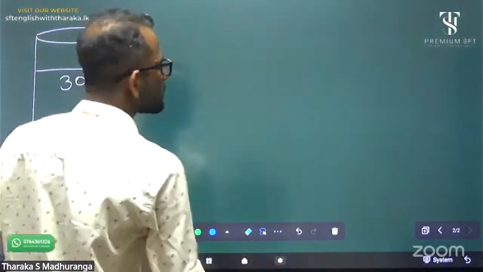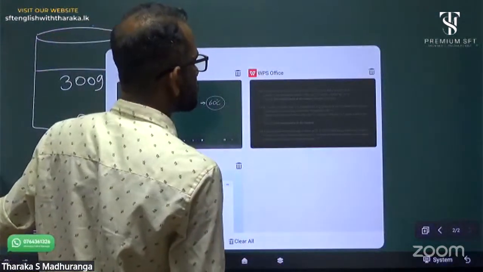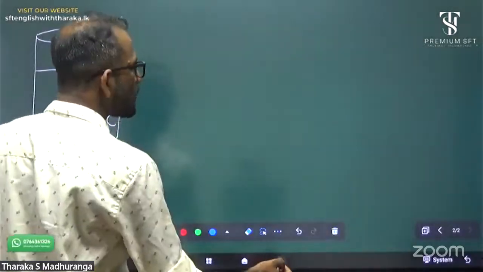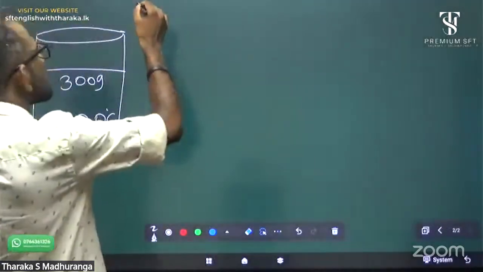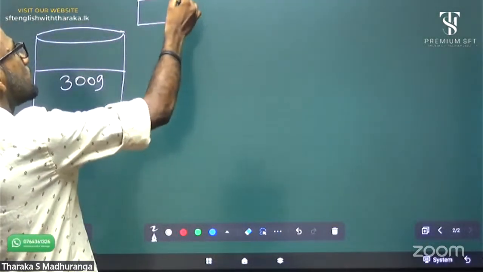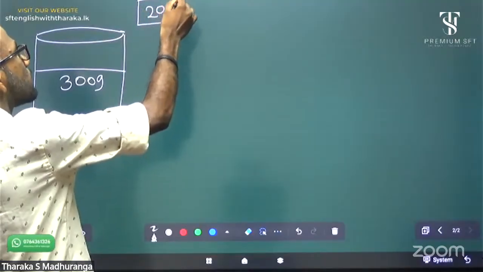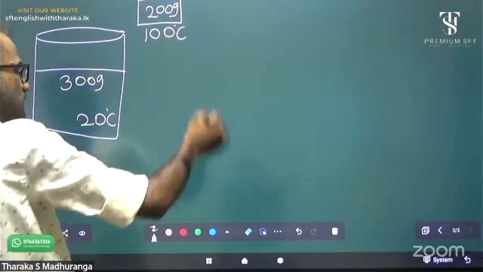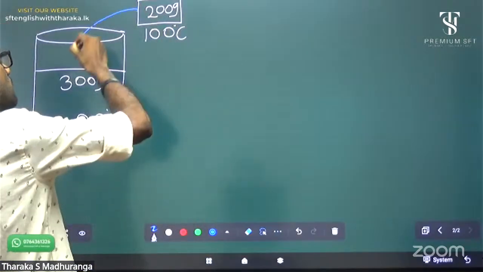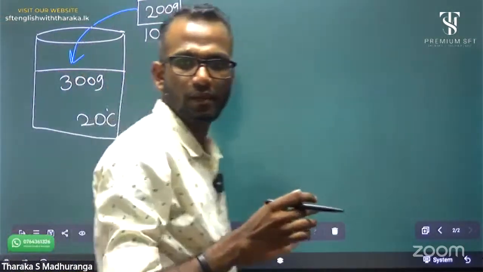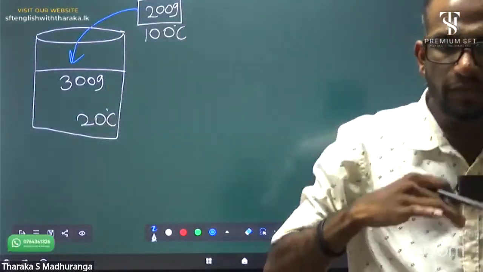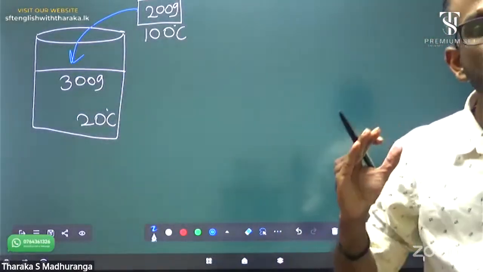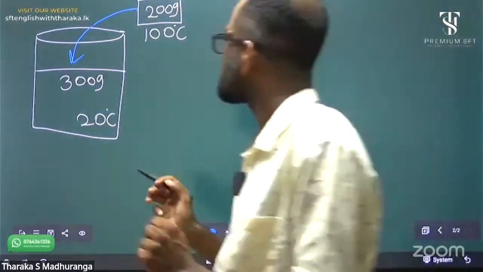And 200 gram of copper cube at 100 Celsius. Just mixing. Mixing, and the question asks what is the equilibrium temperature, the final temperature of the mixture.